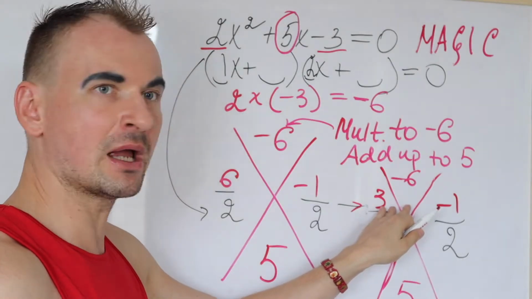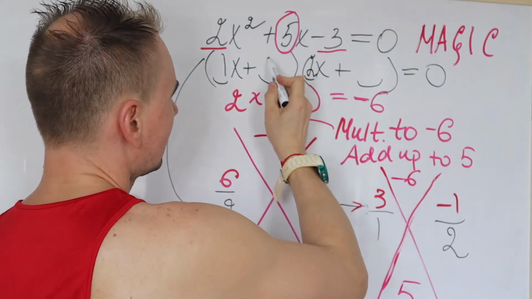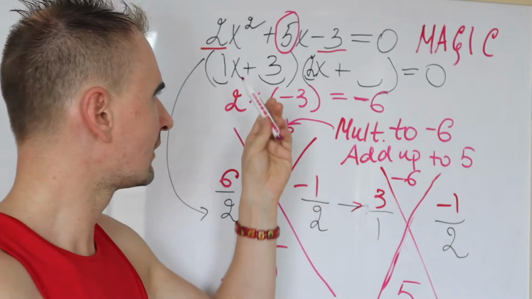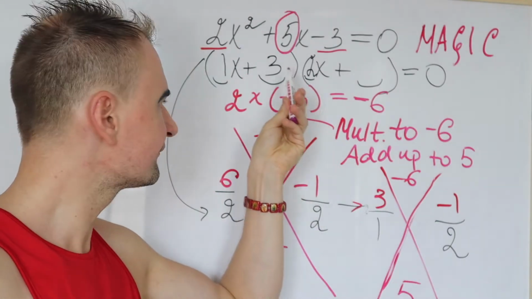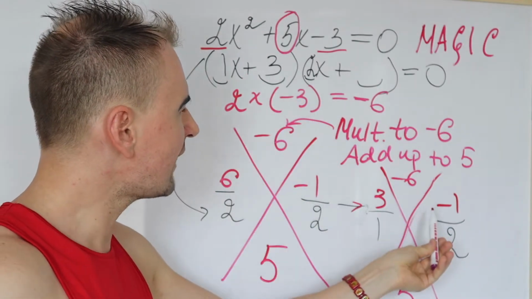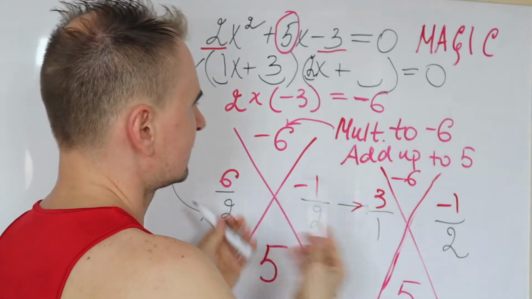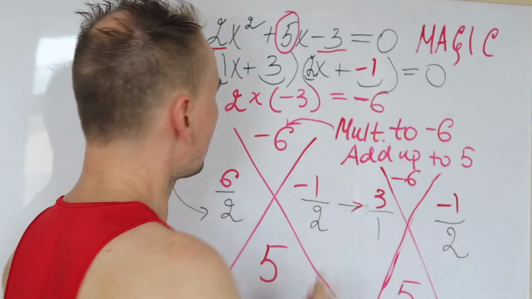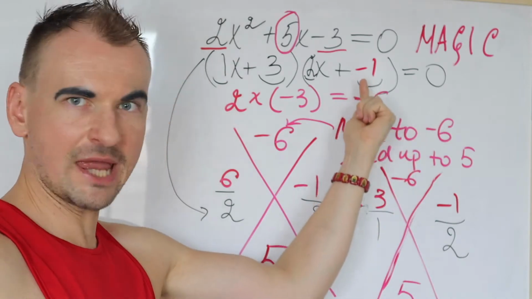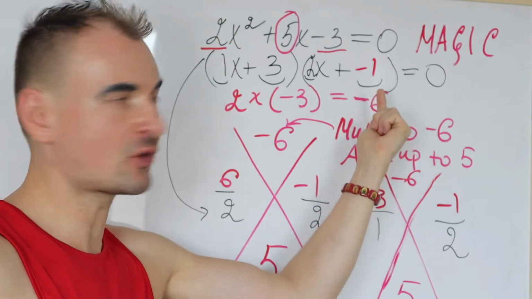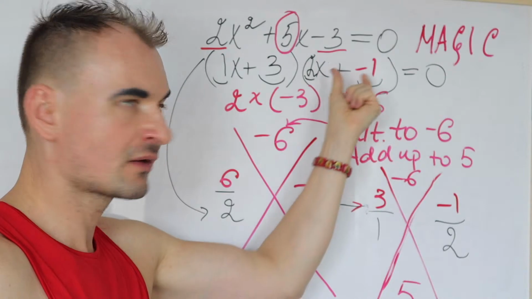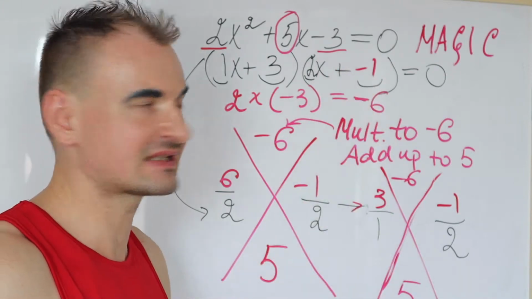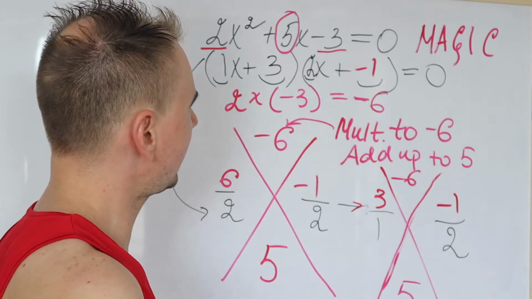The top number goes as a constant over there, and this negative 1 goes in this placeholder as a constant for the second parenthesis.